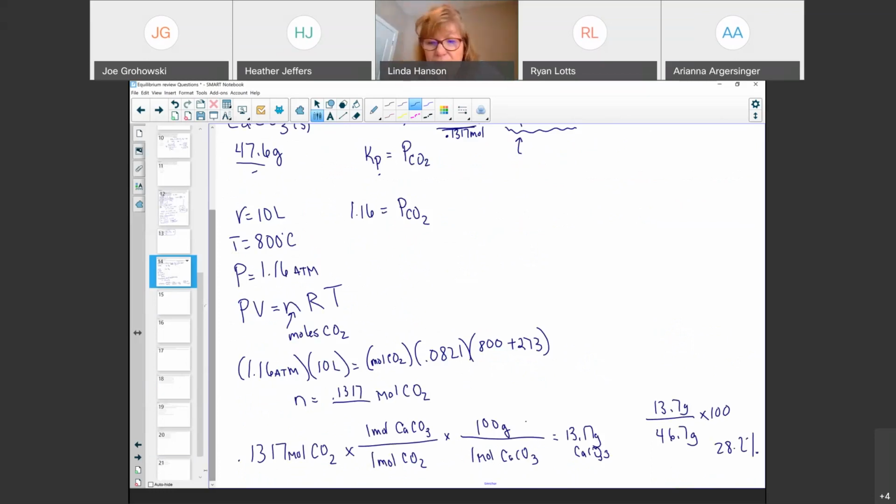Ariana says I got 27.7 for the percent. Final answer. Oh, you know why? Because this is a 0.17, and I put it in as 7. Yeah, I think I found my mistake.